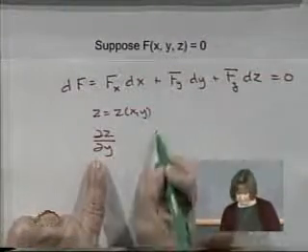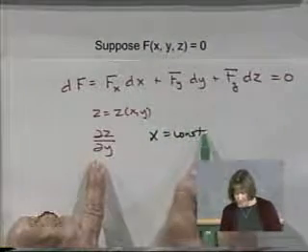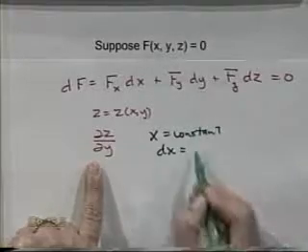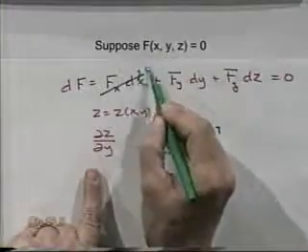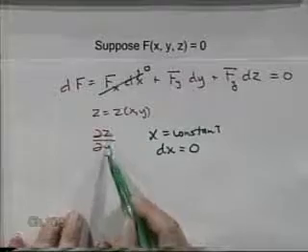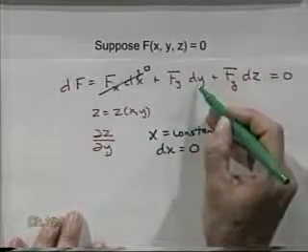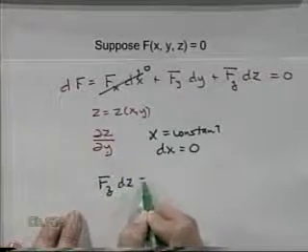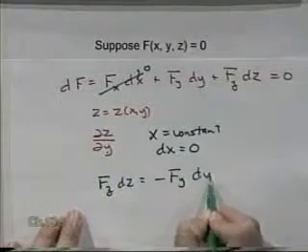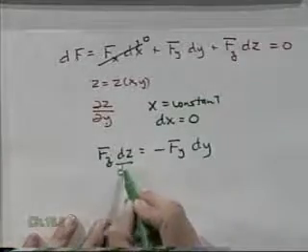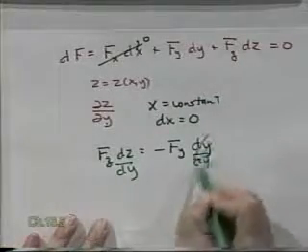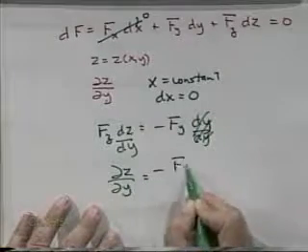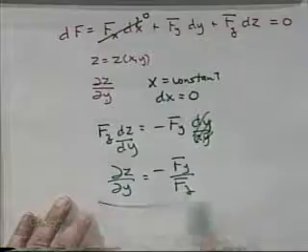X. So if x is being held constant, what is dx equal to? 0. So this part drops out. And so if I want to get partial of z with respect to y, I want to get the dz and the dy over each other. So I'd have fz dz is equal to minus fy dy. I'm going to divide by dy on both sides. That's gone. And so I get partial of z with respect to y is minus fy over fz.